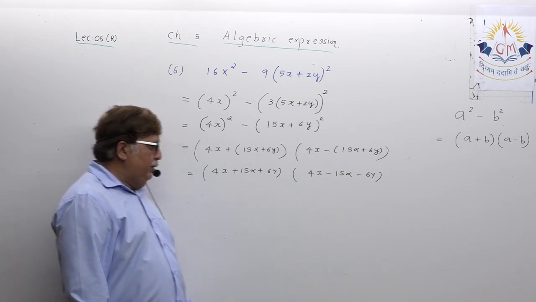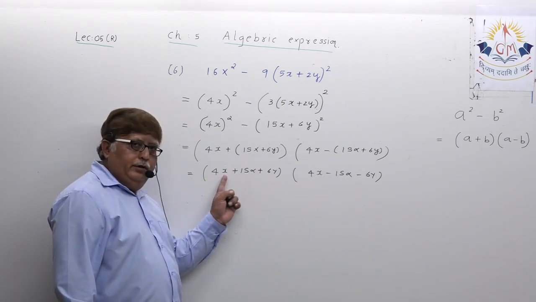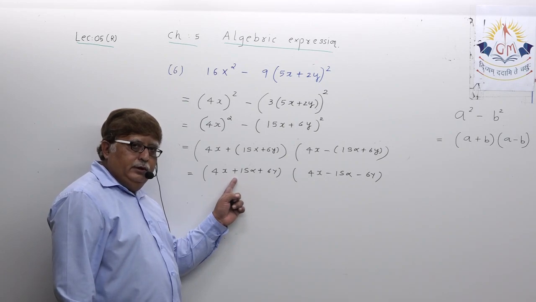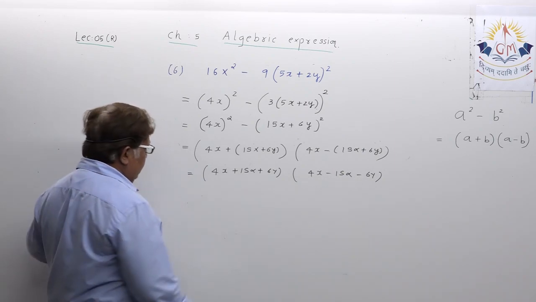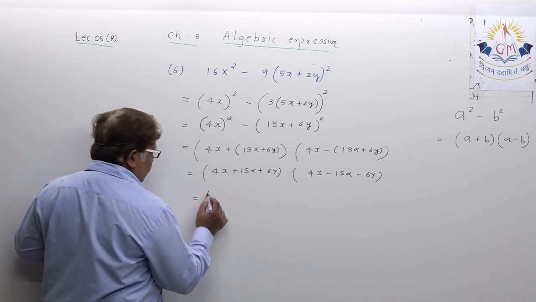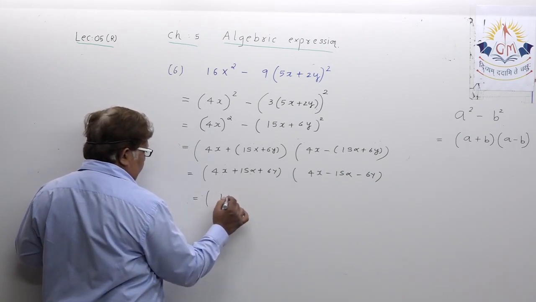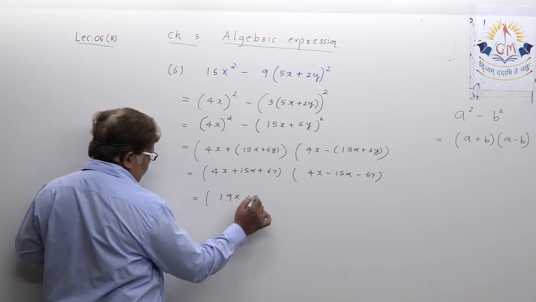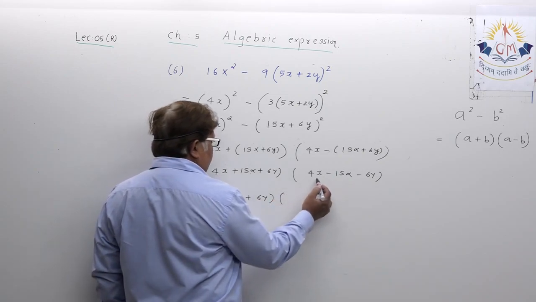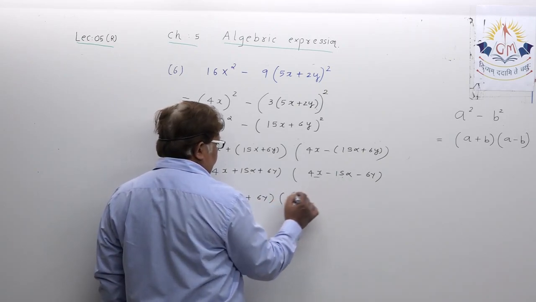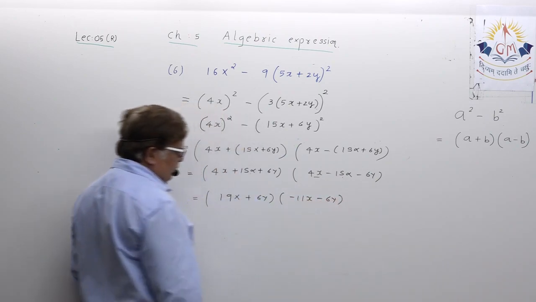That means, dear student, because here there are two like terms, this like term needs to be solved. Understood? So what you will get? 4x plus 15x, 19x plus 6y. 4x minus 15x, minus 11x minus 6y.